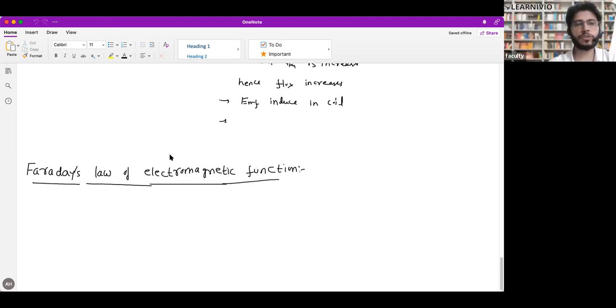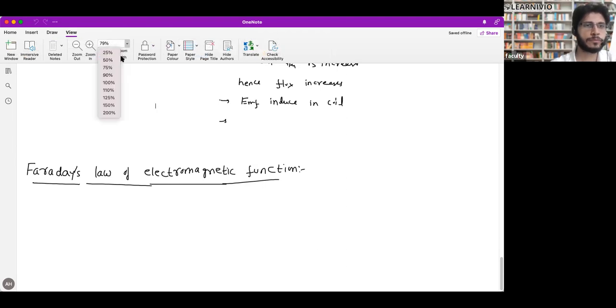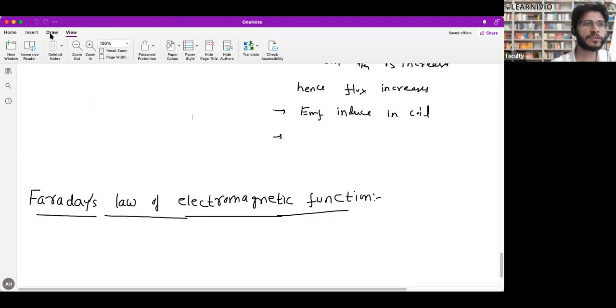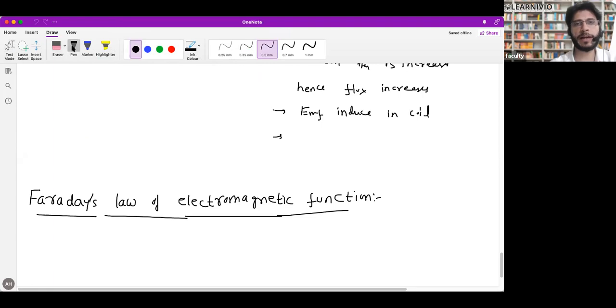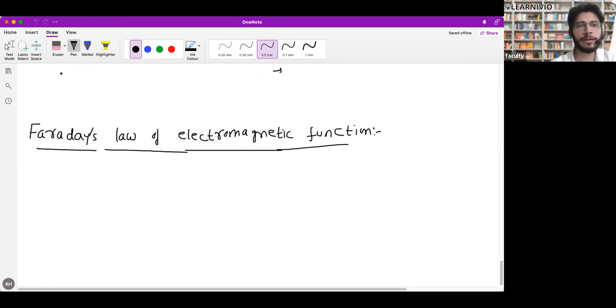See, the next is Faraday's law of electromagnetic induction. So Faraday's law basically says if you change magnetic flux, then you will have some induced EMF, and it tells you how to calculate that induced EMF.